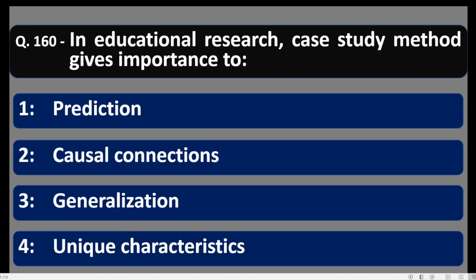Number four, unique characteristics. It is true. Case study is done on the case which has some uniqueness. So number four, unique characteristics is the correct option. In educational research, case study method gives importance to unique characteristics.